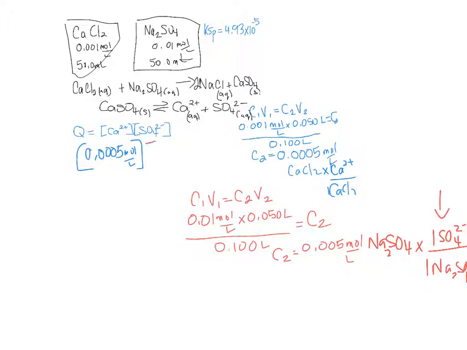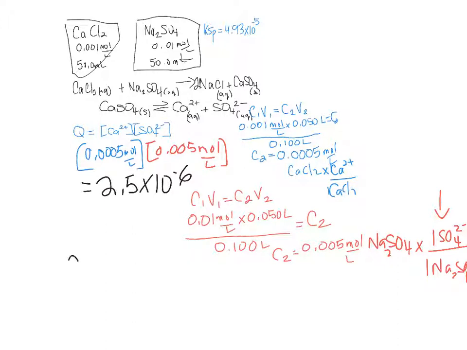So what number do you get? What is 0.0005 times 0.005? 2.5 times 10 to the negative 6.